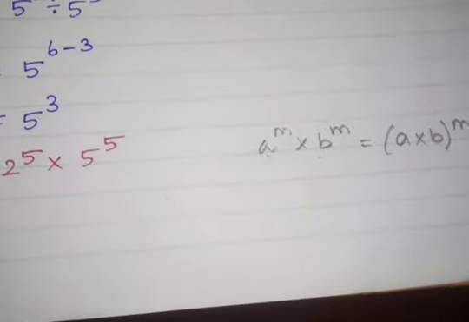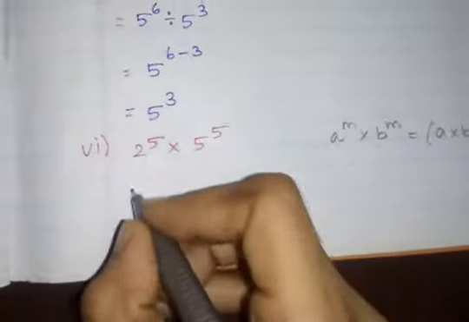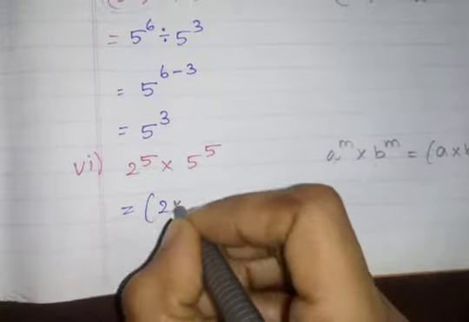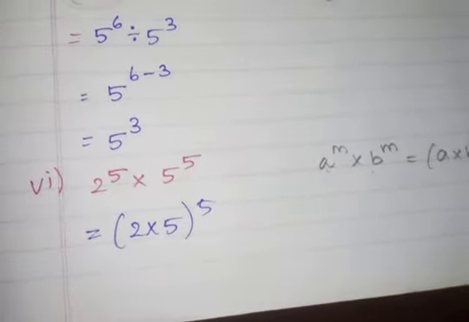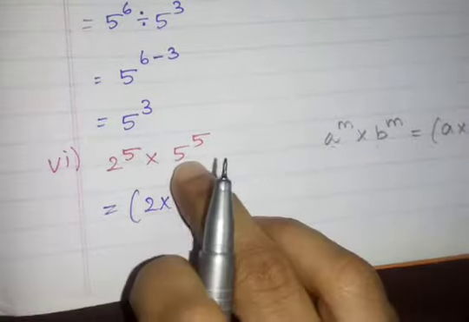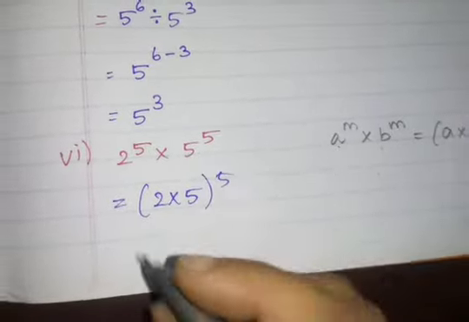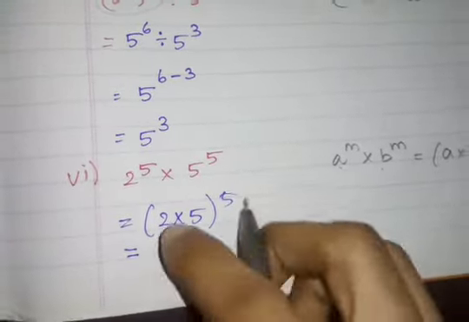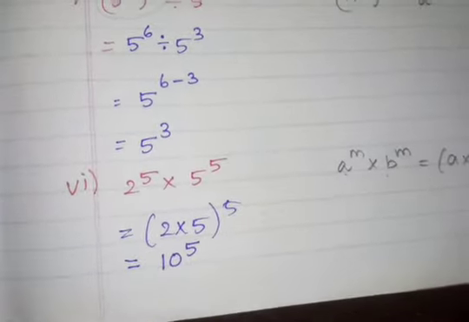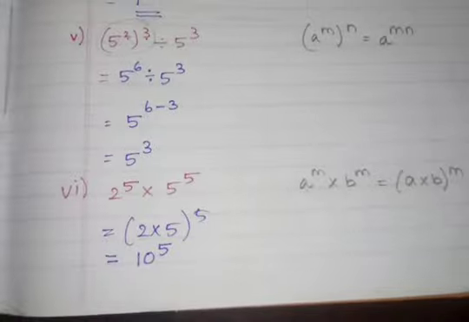Do you remember this rule? Now what will you write? 2 into 5 the whole power 5. I am just multiplying the bases, the whole power 5. 5 2s are 10 power 5. So 10 power 5 is your answer.